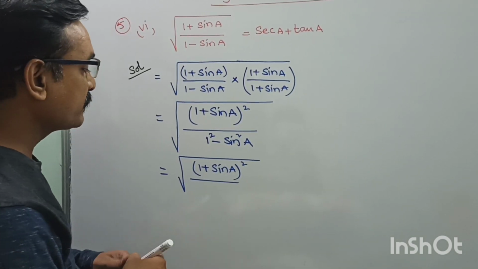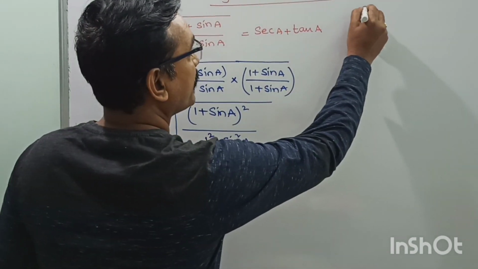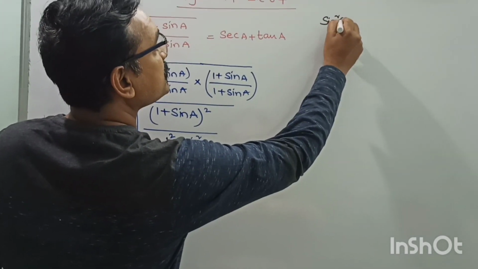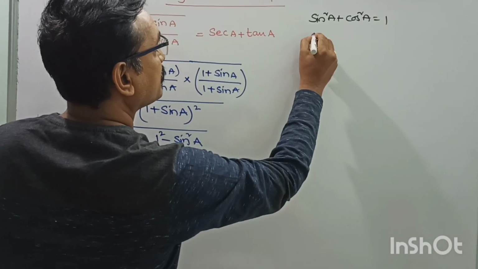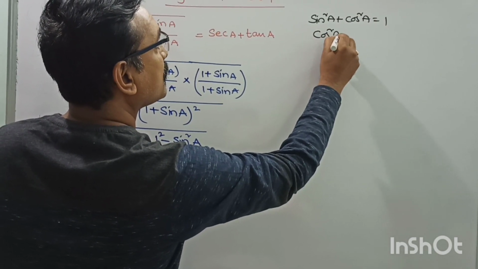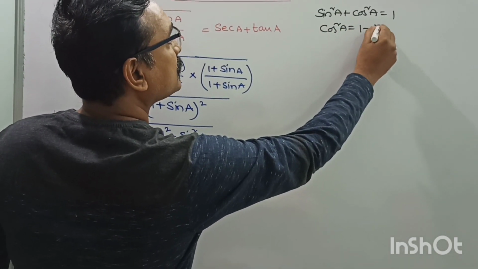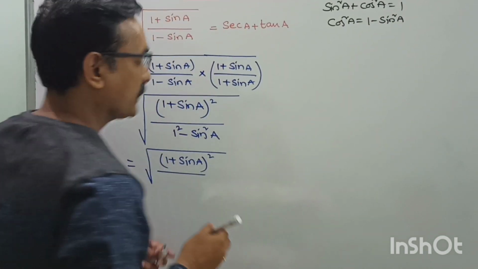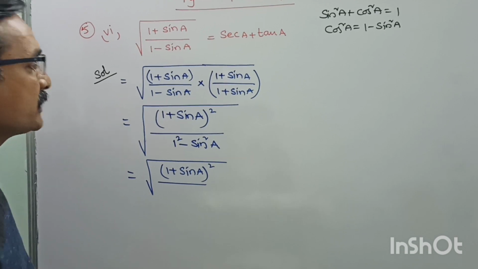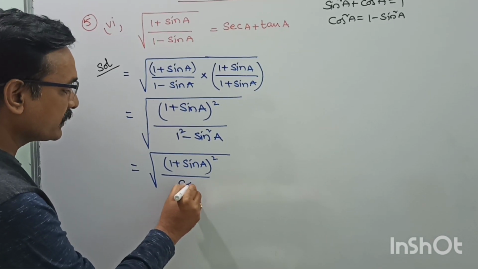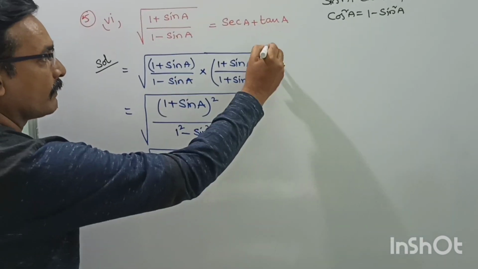For 1 minus sin square a, we have the identity sin square a plus cos square a equals 1. From this, cos square a equals 1 minus sin square a. So instead of 1 minus sin square a, we can replace it with cos square a. So write here cos square a.